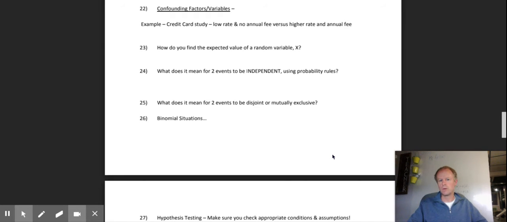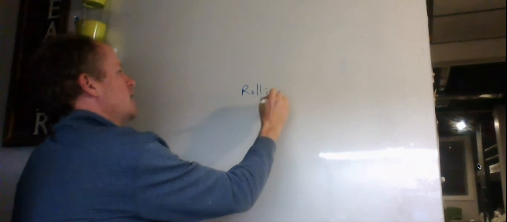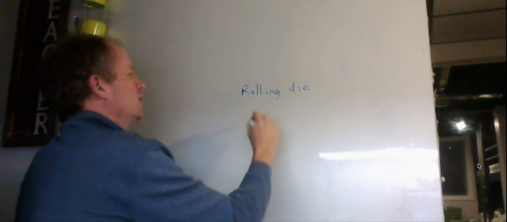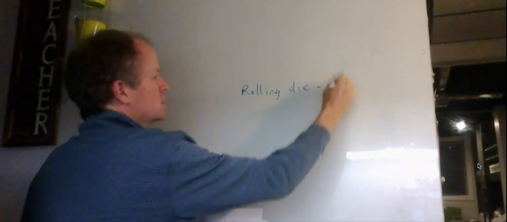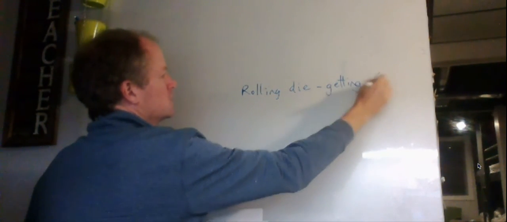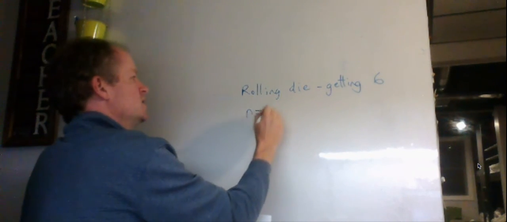And we write that out. Let's just talk through a quick example. Let's go with rolling a die. My event is getting a 6, and I'm going to roll it 10 times.